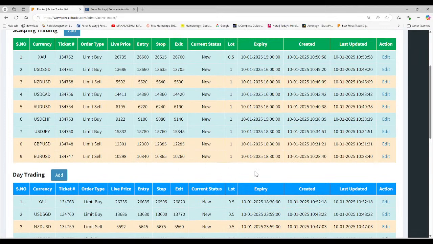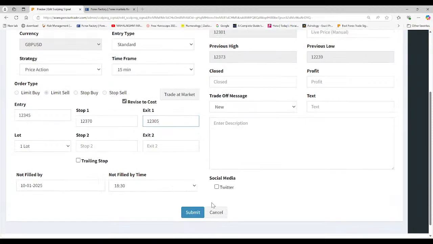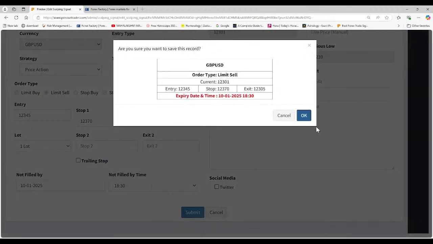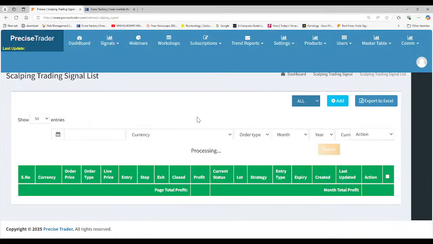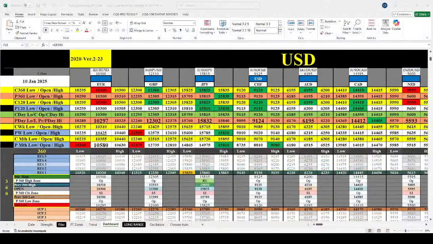I think this 60 can be brought down to 45, and put the other as 70. Then we want to exit before the data, so we'll try to go for a 40 pips move on this. So we have revised these prices on the pound. We'll try to sell at 45 instead of 60.